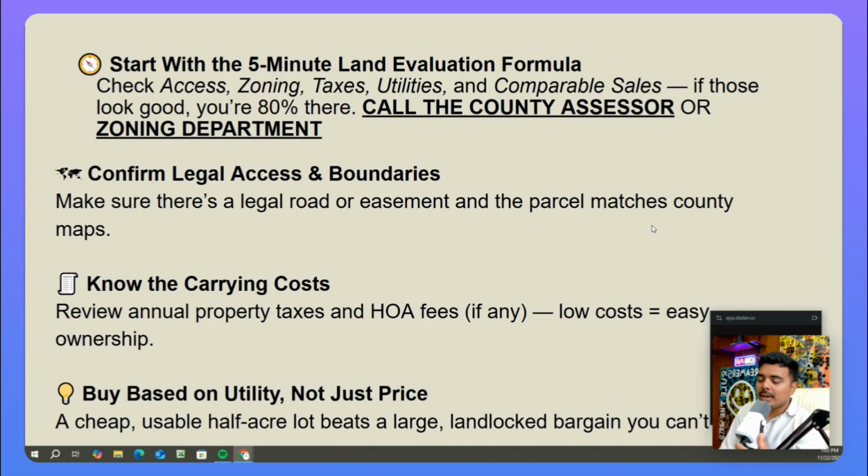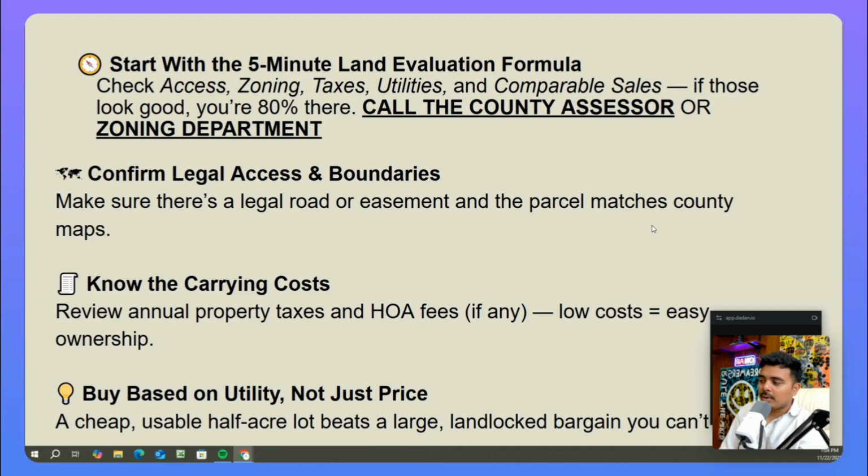So for example, it totally depends on your goals, but I would rather have less land that's more usable and in a better location than tons of acreage somewhere that I would have to drive an extra hour and a half to get to. So think about the usability of your land and how fast you can get there if you wanted to, and things like that.